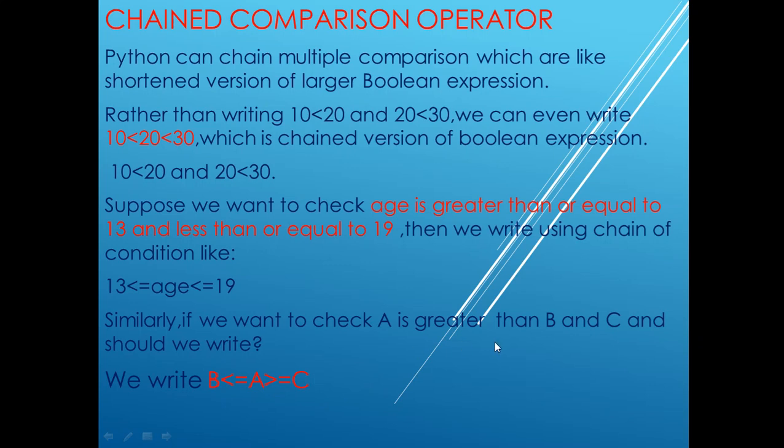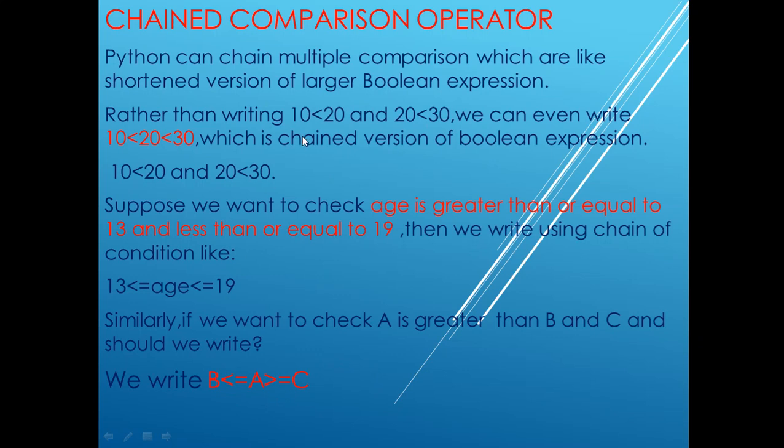Otherwise you can simply write A is greater than B and A is greater than C. But there is another way to write the expressions. It is not compulsory that you write relational expressions in only one way.